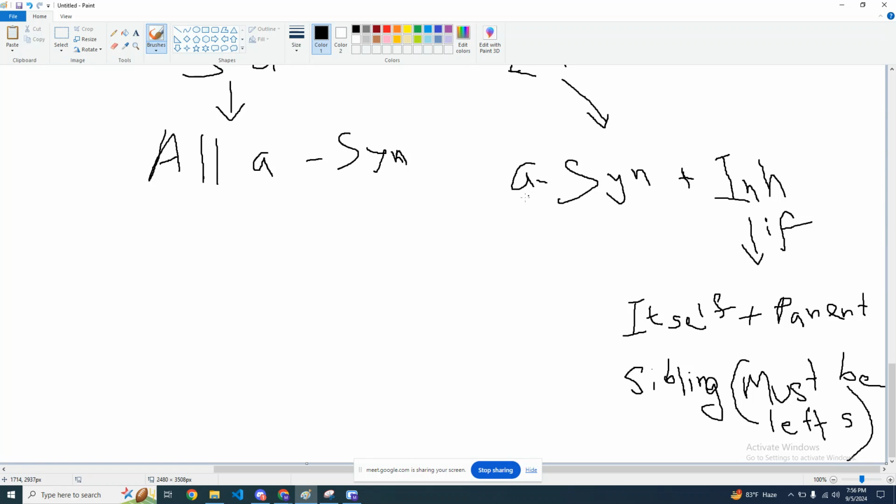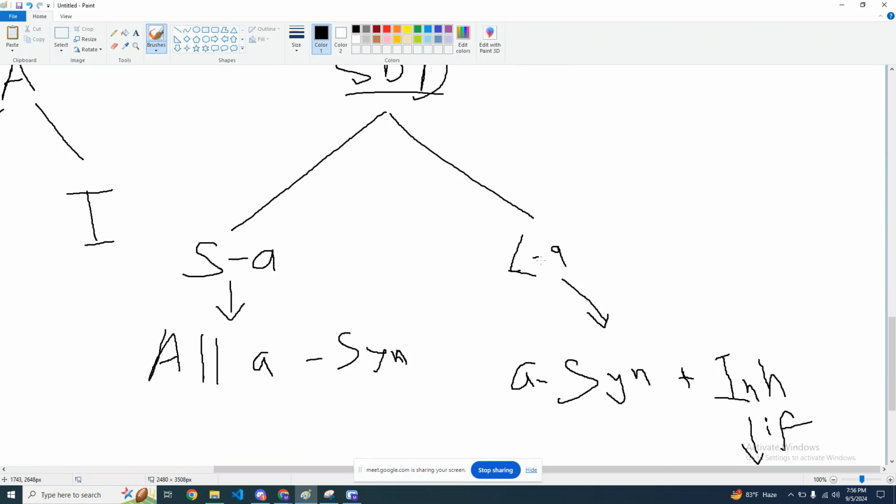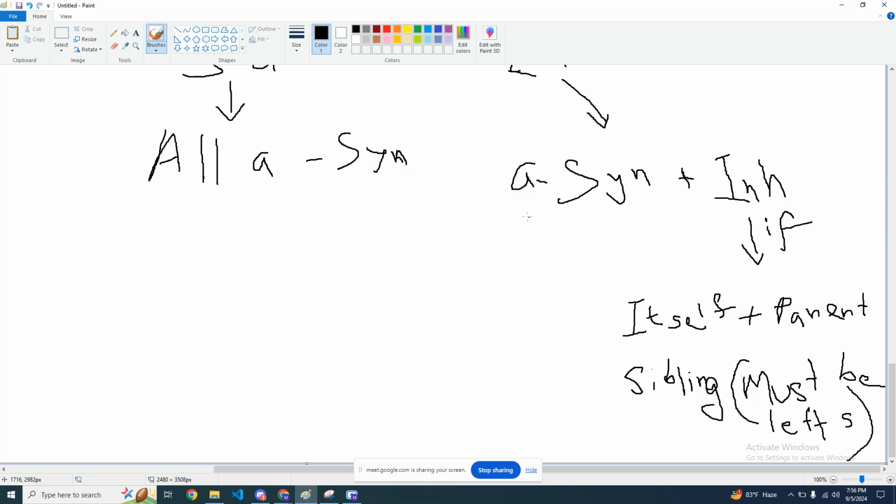So your L attributed SDD is basically an SDD with attributes that can either be synthesized attributes or inherited attributes. And if they are inherited attributes, it can only inherit from itself, or it can inherit from its parent, or it can inherit from its sibling.